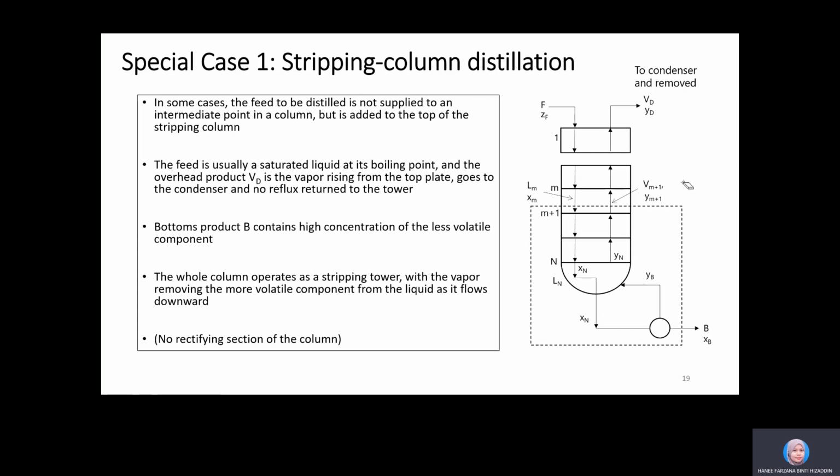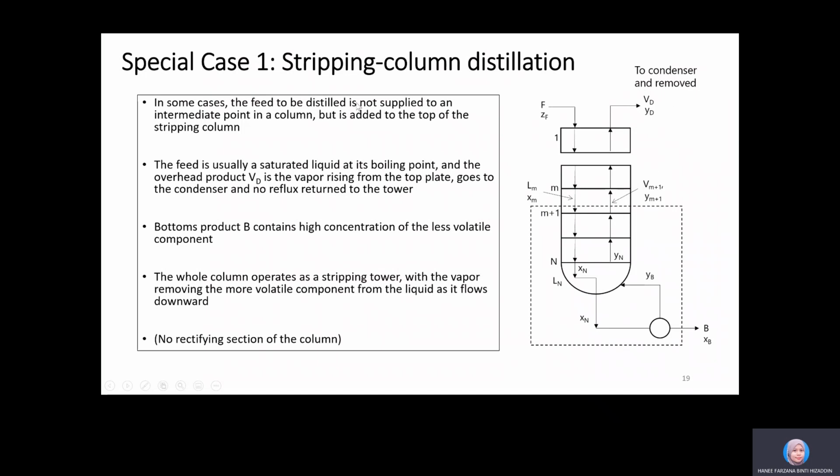That's why in this case, the feed is fed from the top of the column, not from the middle of the column. Normally the feed is a saturated liquid at its boiling point, and the overhead product VD is the vapor rising from the top plate, which goes to a condenser, but there's no reflux returned to the tower.